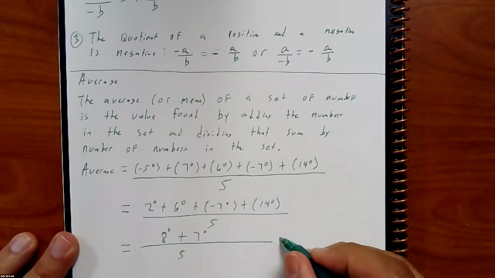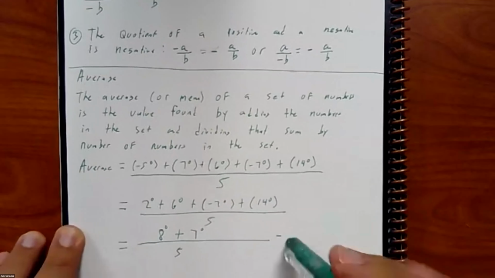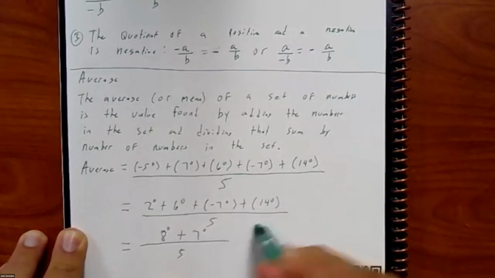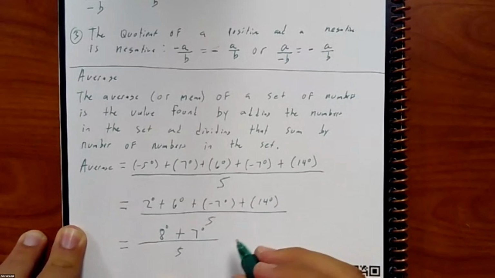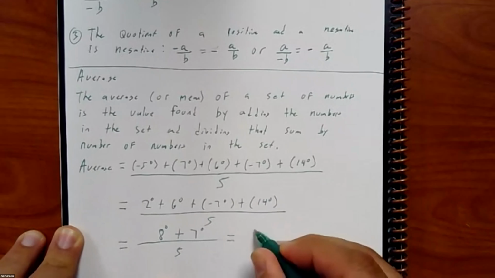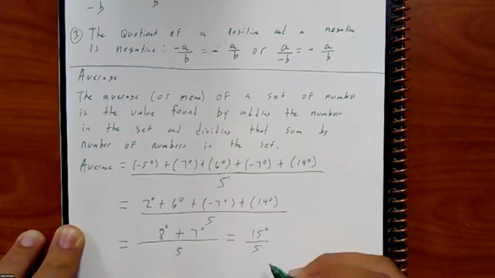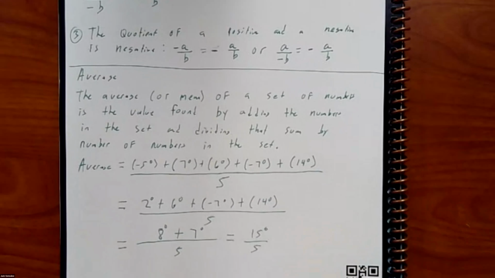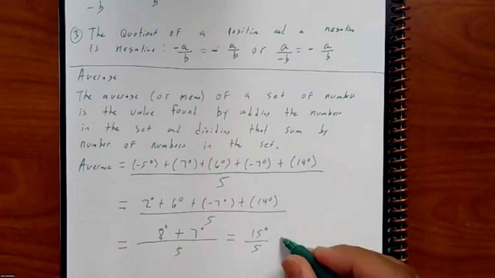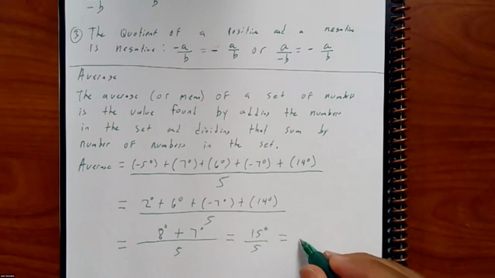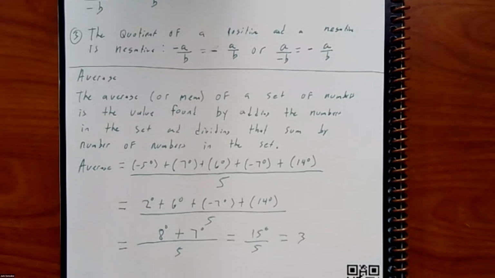All right. We don't need that long bar. 8 + 7. Yeah, 3 degrees Fahrenheit.